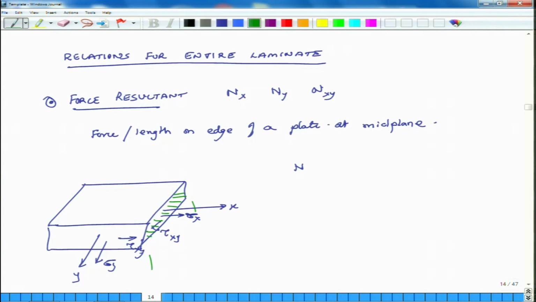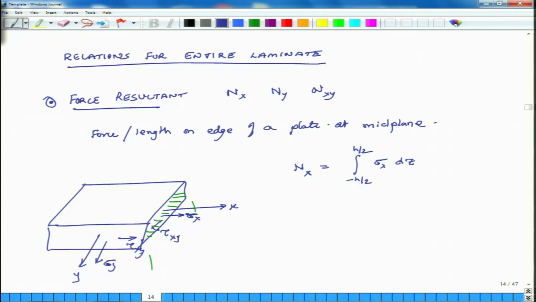But a more precise, mathematical definition is that Nx is equal to the integral of sigma x dz from minus h by 2 to h by 2.